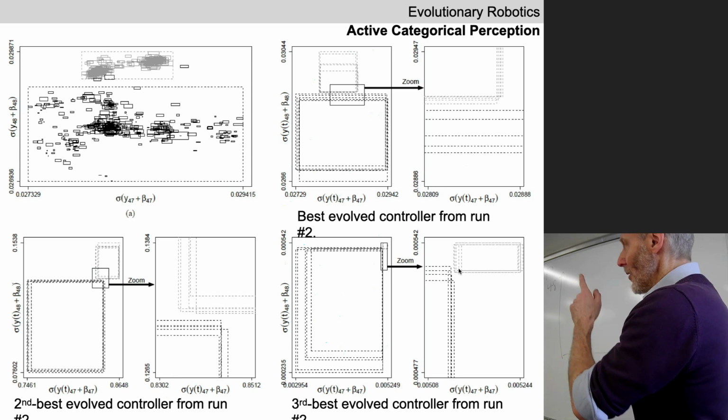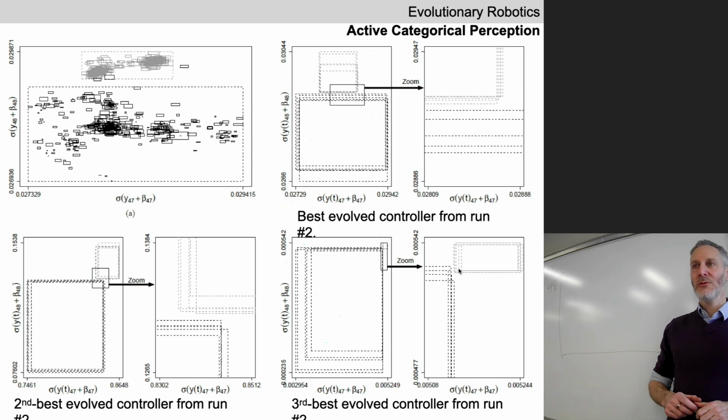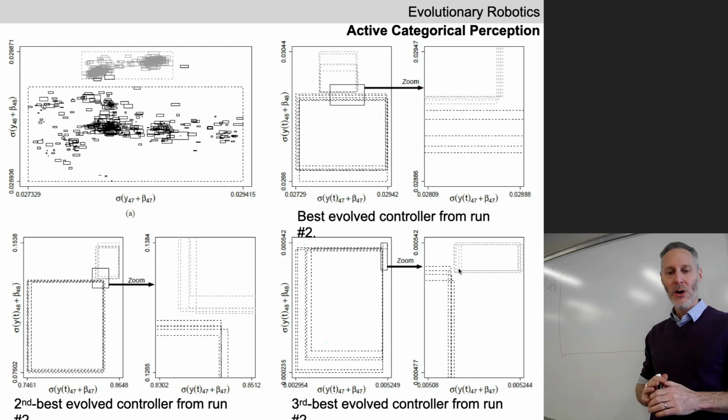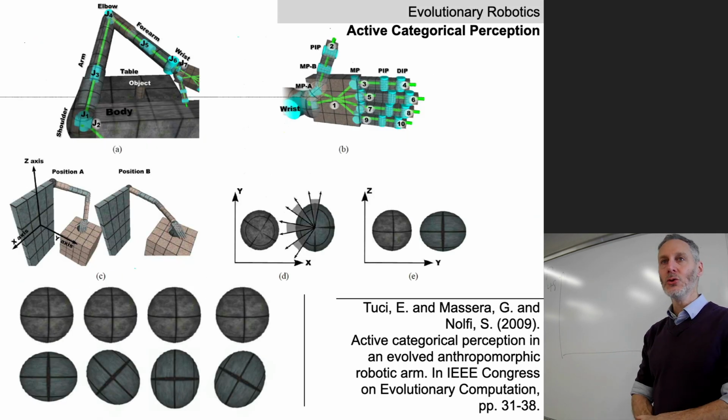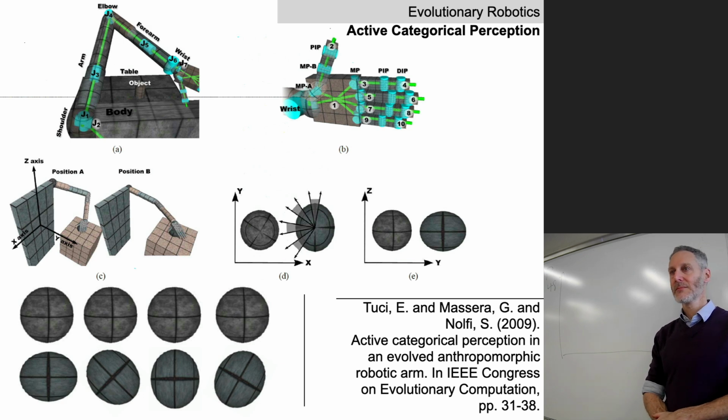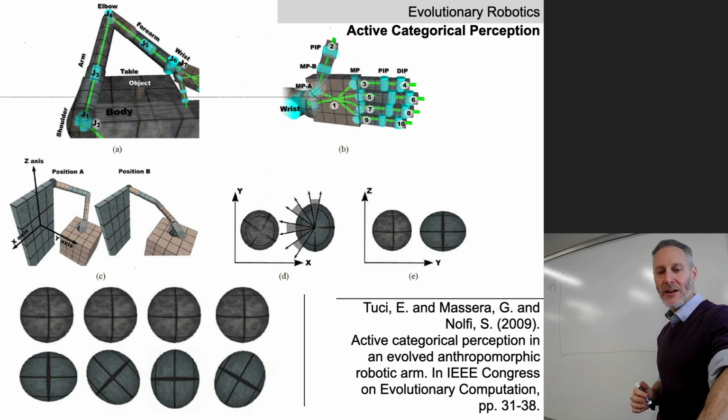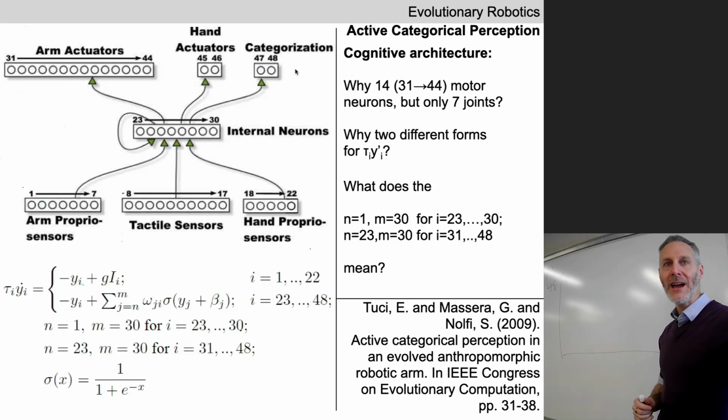Okay, we've seen the robot categorize spheres and ellipsoids. Let's rerun the whole experiment, but now we're going to expose the robot to spheres, ellipsoids, and cubes. How do we modify the experiment? If we'd gone with the simpler approach, we'd have to add neuron 49 that's going to represent cubes.